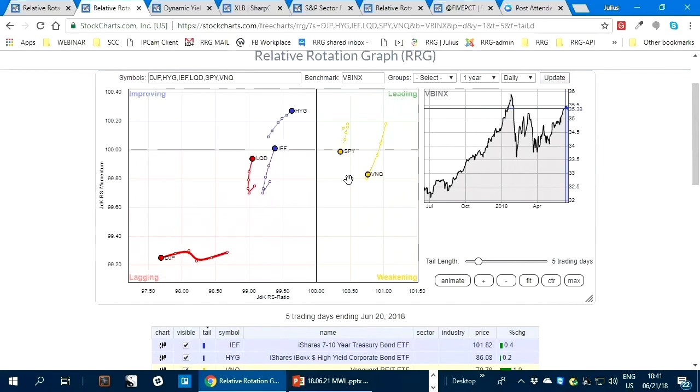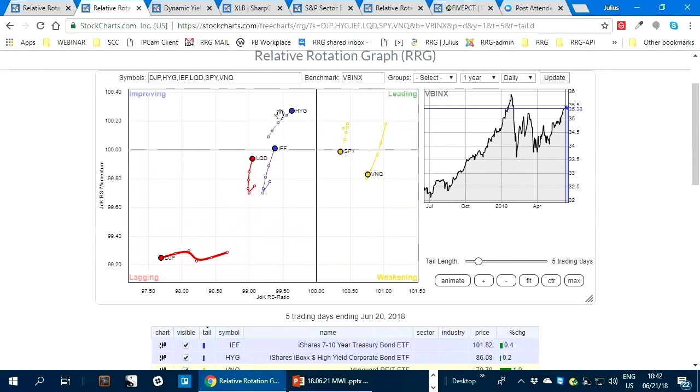Now the big question is, is this the beginning of a new and larger move, or is this one of these quick rotations as we've seen them so often over the past 2 years already, I have to say? Answer is, I am not sure. I'm going to watch this relationship very, very closely.